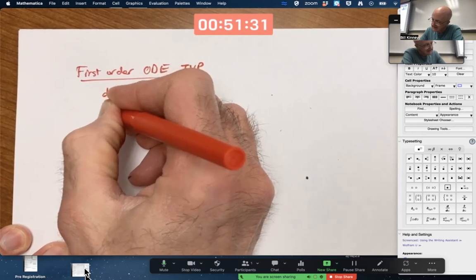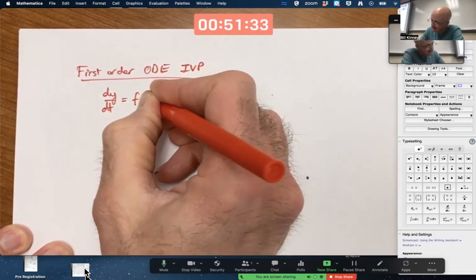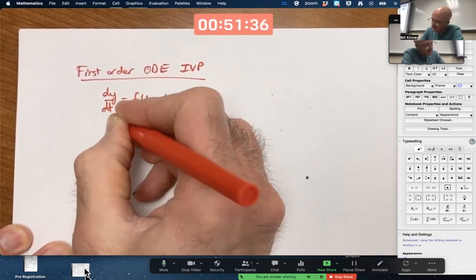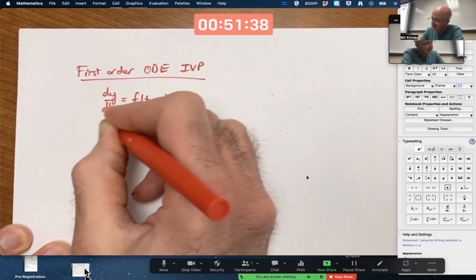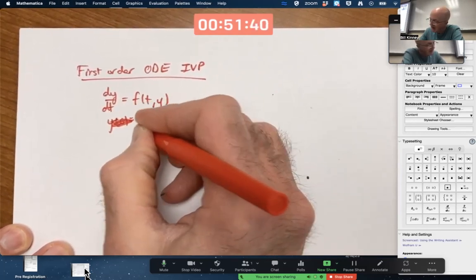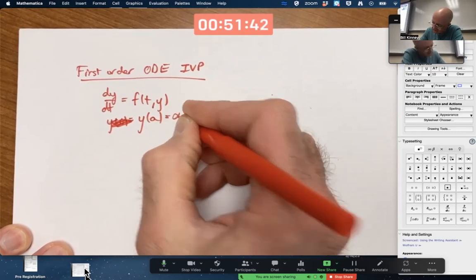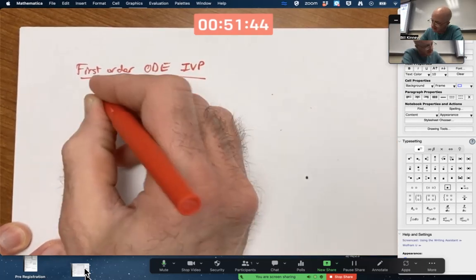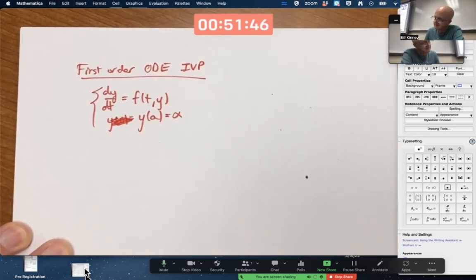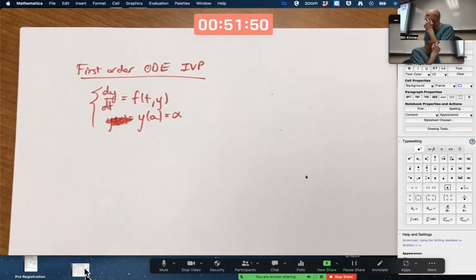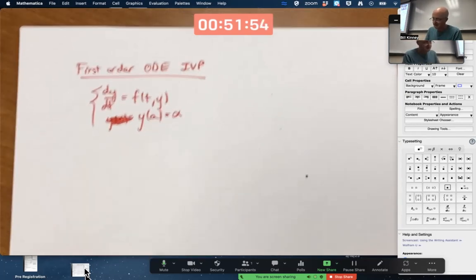dy/dt equals f of t, y, y of 0 equals, okay, I've got to change to the book's notation, sorry. y of a equals alpha is the book's notation. Almost always a is 0, but we'll allow for a general a.